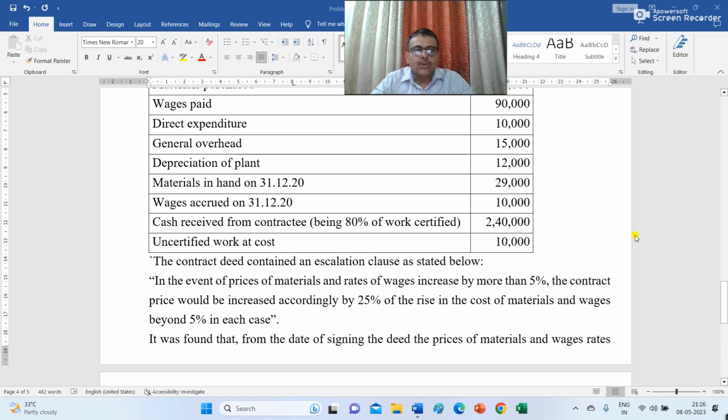The contract did contain an escalation clause as stated below. In the event of prices of material and rates of wages increase by more than 5%, the contract price would be increased accordingly by 25% of the rise in the cost of materials and wages, beyond 5% in each case.